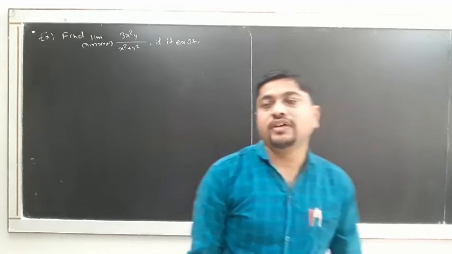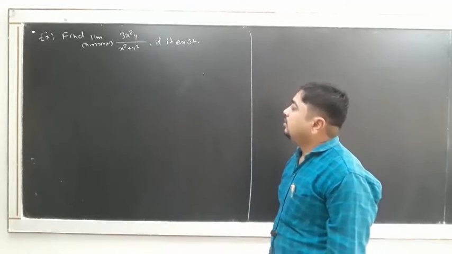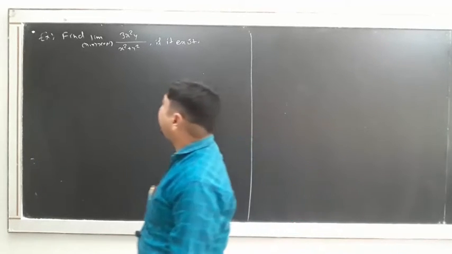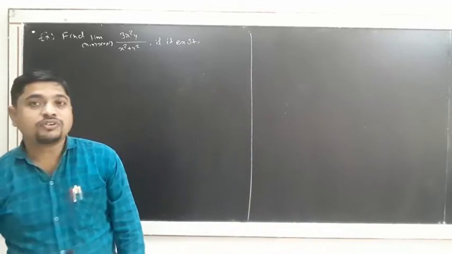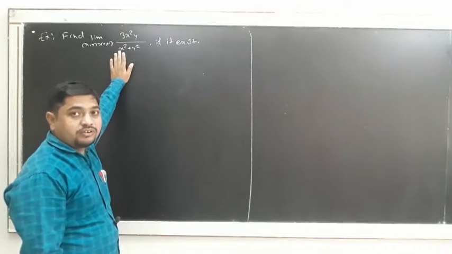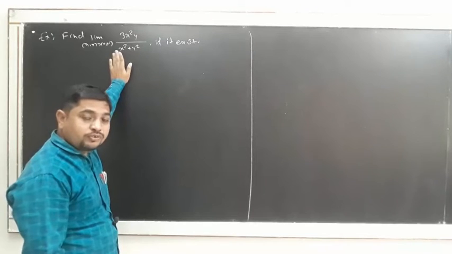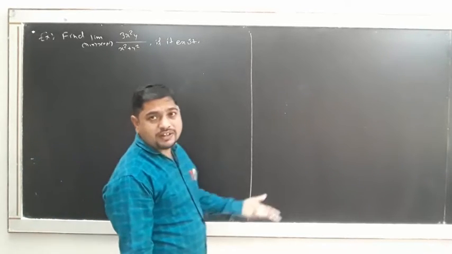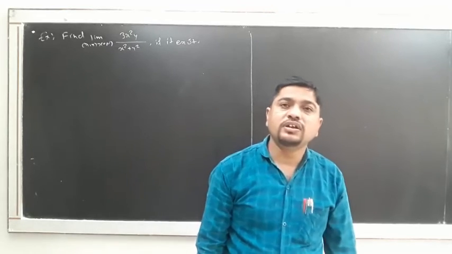How do we solve this example? There are many methods. Can you solve using paths? Suppose you take the path x = 0, then what should be the limit? If you take y = 0, then what should be the limit? If you take some other path y = mx, what is possible?